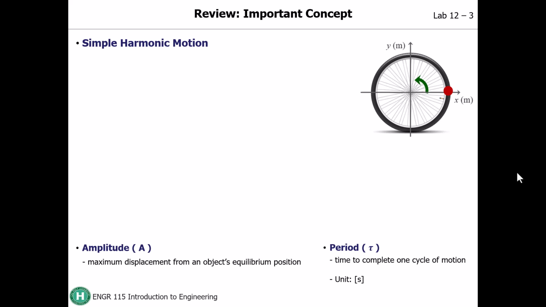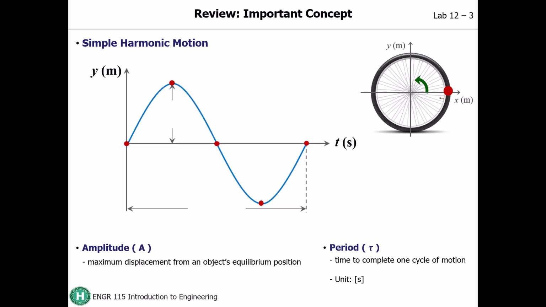As we see in this figure, if we apply a constant speed of rotation to this bicycle wheel, this motion will show this sinusoidal behavior in time because it will be simple harmonic motion.